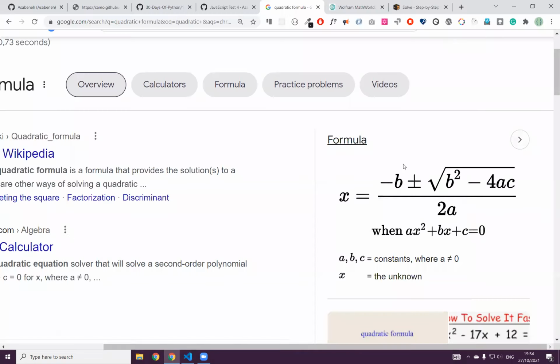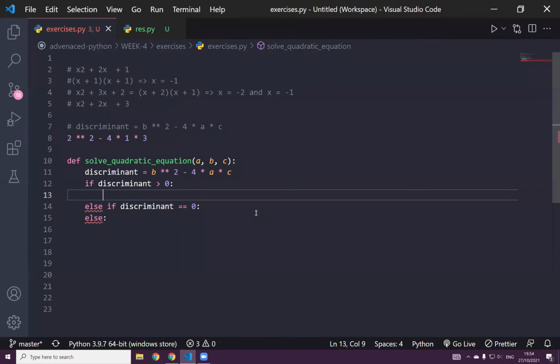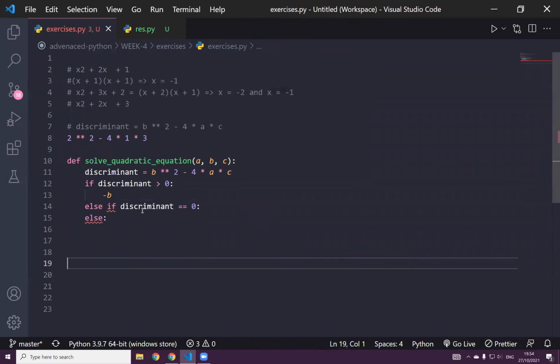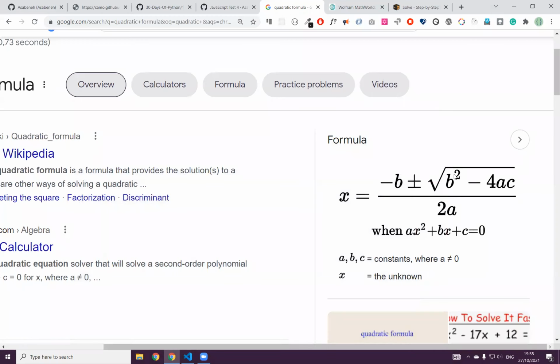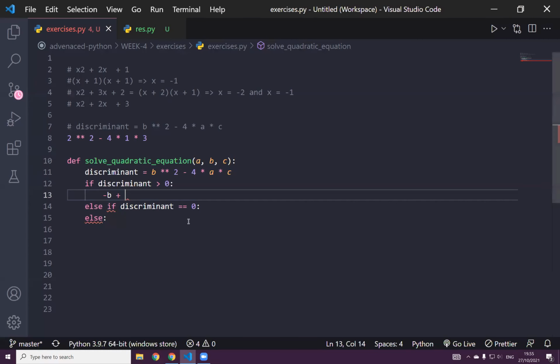As you see, minus b plus or minus. So how do I write minus b? I can start with the plus, and then this part under radical. So how can we do that?